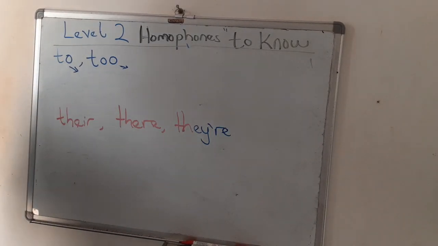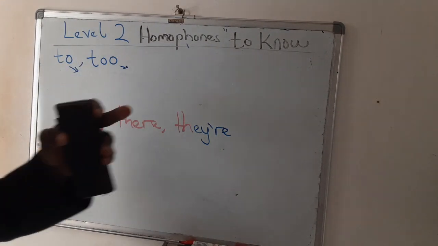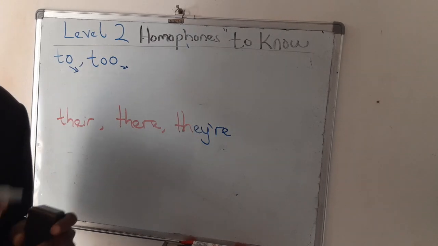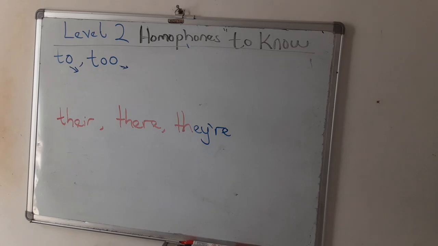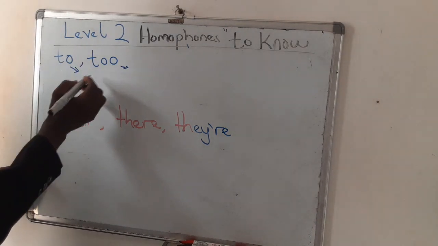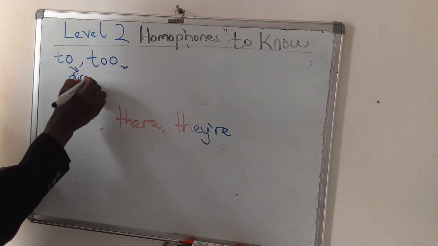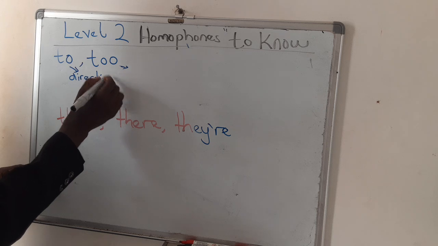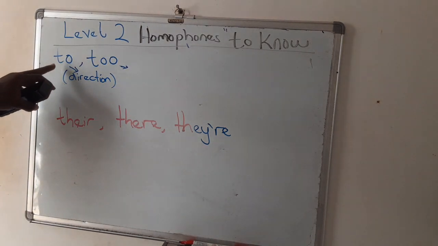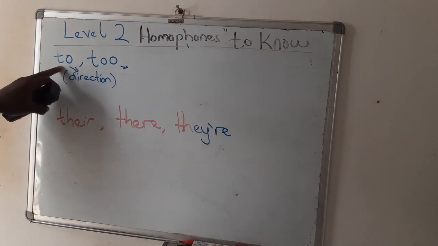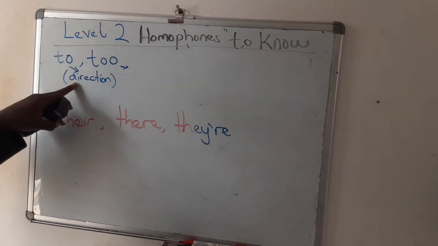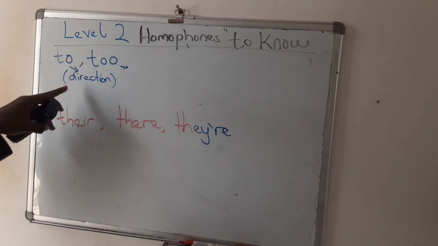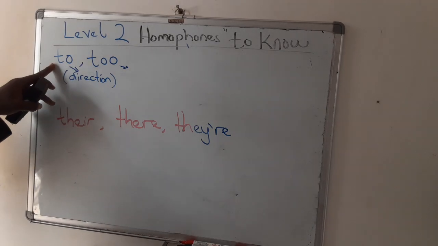So when you say, I'm going to school, or I want to go. Are we together? I want to go. This one indicates direction. Okay? So once you use this 2 when you're writing, it indicates a place where you are going to. Eraga ekifo ky'oba ogendako.